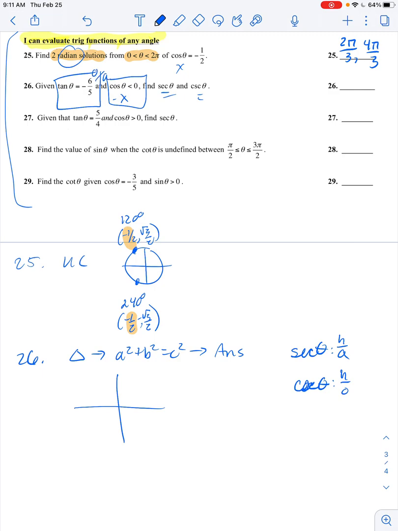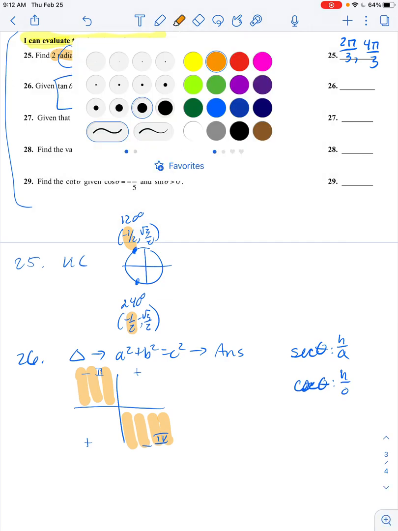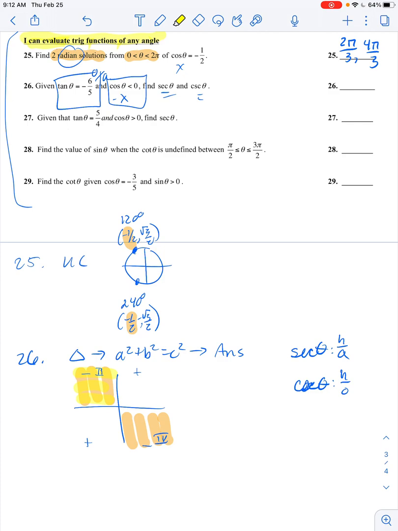Tangent is positive in quadrant 1, negative, positive, negative. So knowing the tangent has to be negative, I'm either in quadrant 2 or 4 with my triangle. But the second fact is that the cosine is less than 0 and therefore negative. So the cosine or x would be negative in quadrant 2. These were the two quadrants that were options for my tangent to be negative, and for my x to be negative would have been these two.